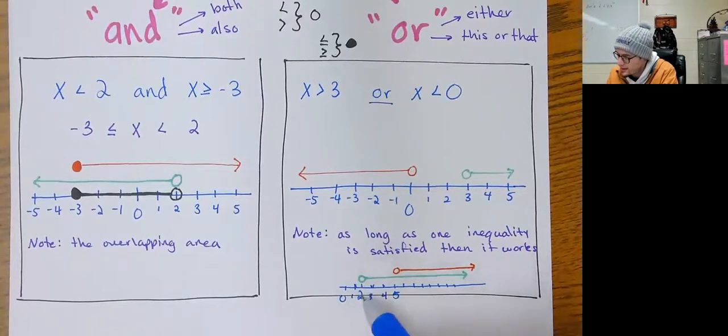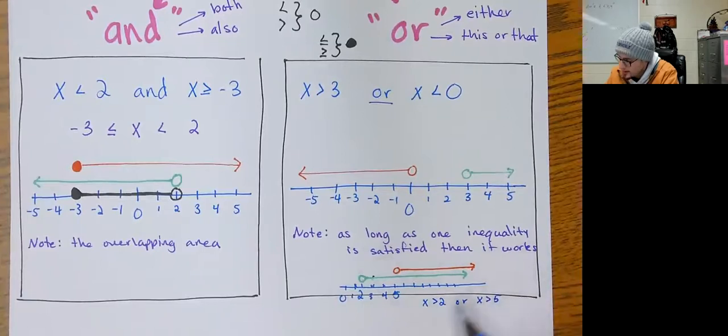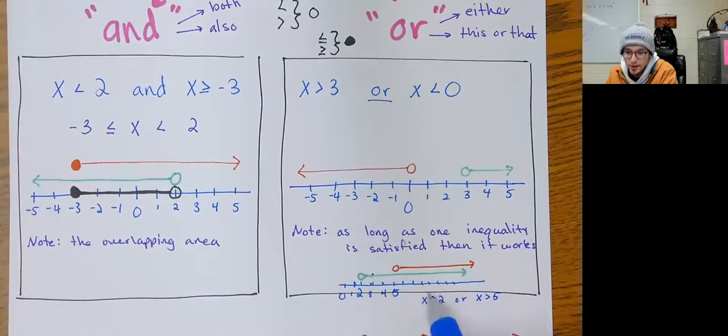So if I plug in 2 into this, it works. If I plug in 3, it works. If I plug in 4, it works. If I plug in 5, it works. For this one, it doesn't work for the red one, doesn't work for this other inequality. And my two inequalities are x is greater than 2 or x is greater than 5. As long as it works for this one, I don't care if it works for this one.